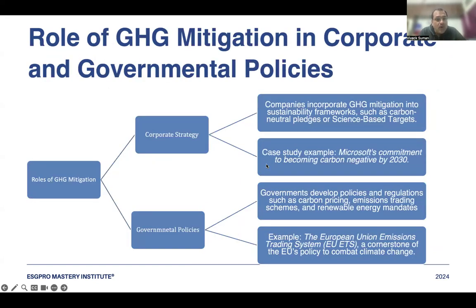Now, what is the role of GHG mitigation in corporate and government policy? Look, I'm trying to separate two different arguments because government exists not for profit, but corporations do exist for profit. So how do both of them develop their strategy? I'm setting the basics now. Be careful now.